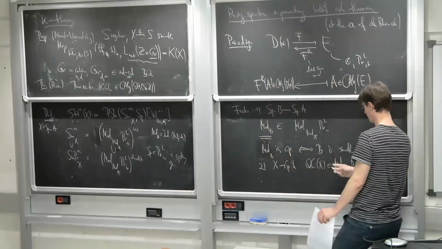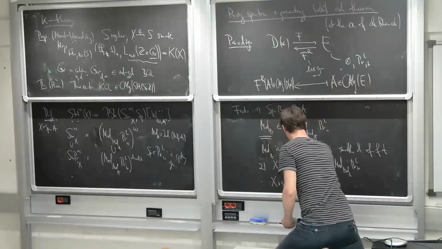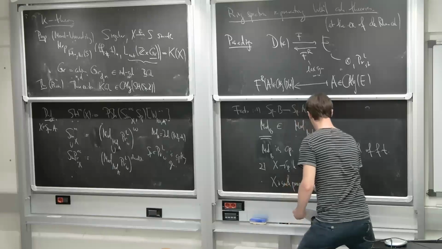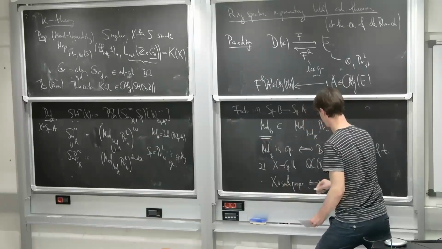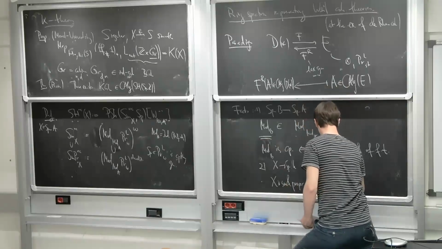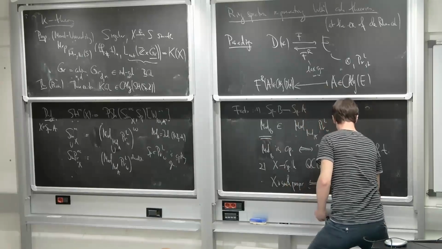And now again a similar statement: X is smooth and proper in the usual sense over K if and only if QCoh(X) is dualizable.